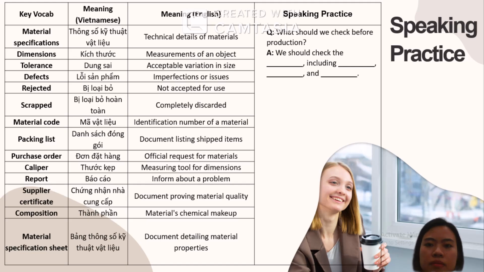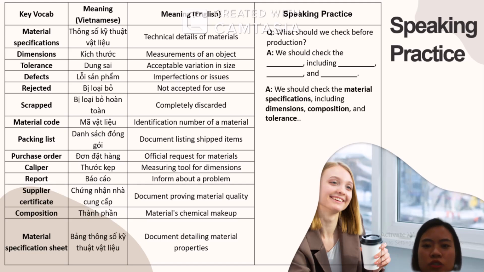What should we check before production? We should check the material specifications, including dimensions, composition, and tolerance.